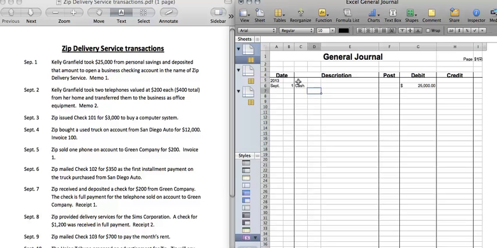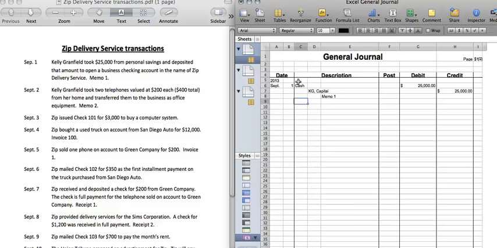So we're going to tab over to column D, and we're going to credit KG Capital. We're going to tab over, and since we're crediting it, we're going to put it in the credit column. And the last thing we do, we tab over to column E, and we put that source document where we can go to find information if we need it, Memo 1. And that's it. That's as easy as journalizing a transaction is.